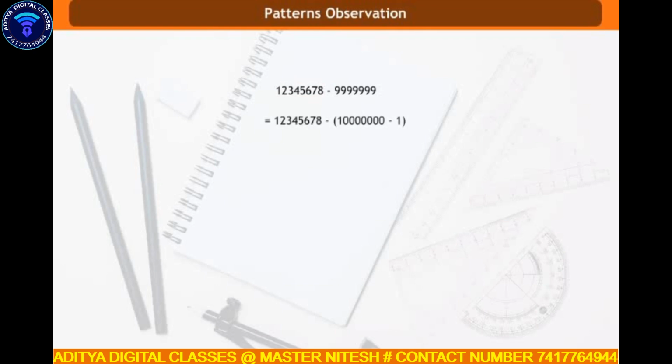Coming back to the original expression, we again write 99,99,999 as this, and then open the brackets to simplify the expression to obtain the value 23,45,679.